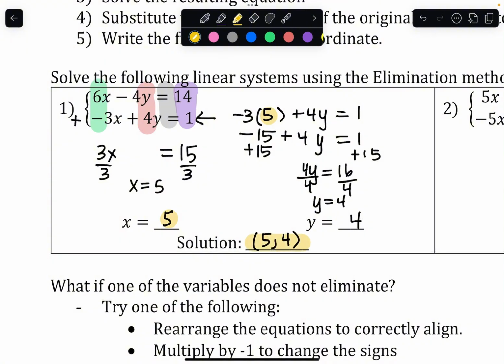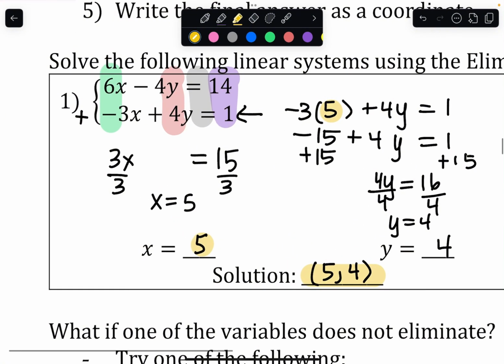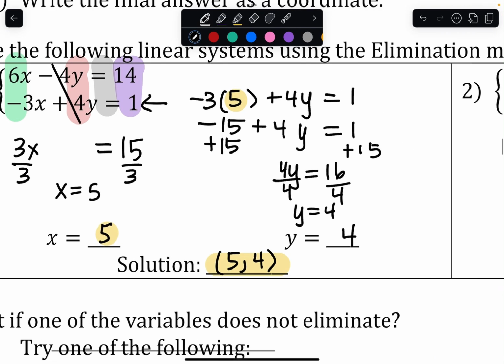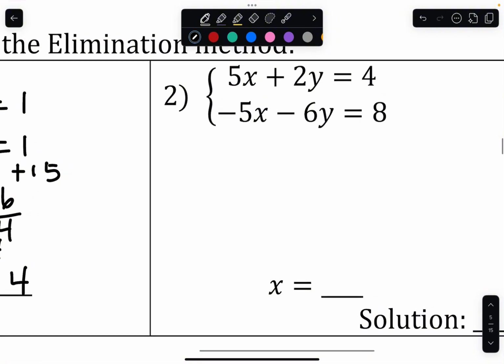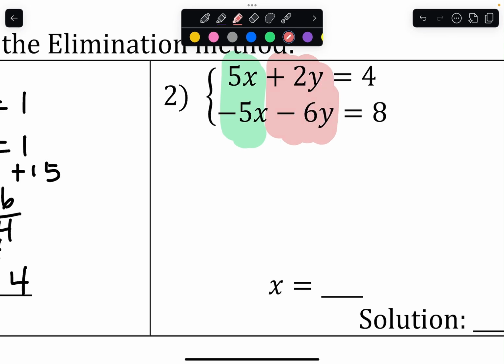Okay, and so with elimination, one of your variables gets eliminated when you add the equations together. Okay, and so for this next example, I have my x's lined up, I have my y's lined up, and I have my constants lined up, and of course the equal sign.